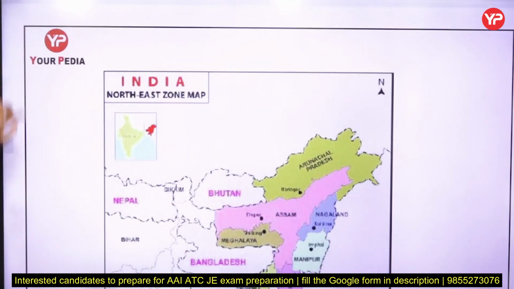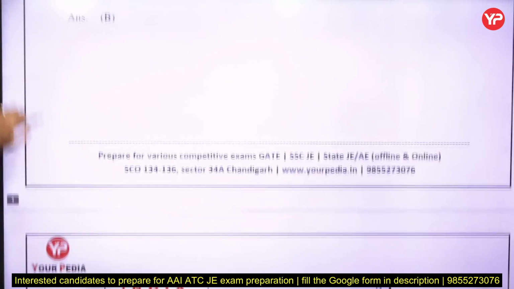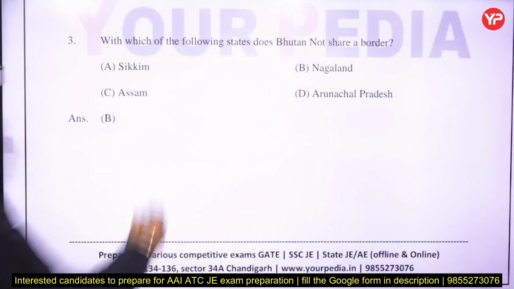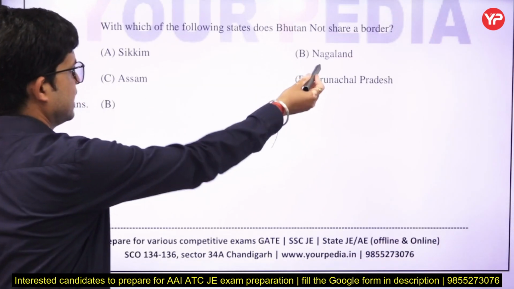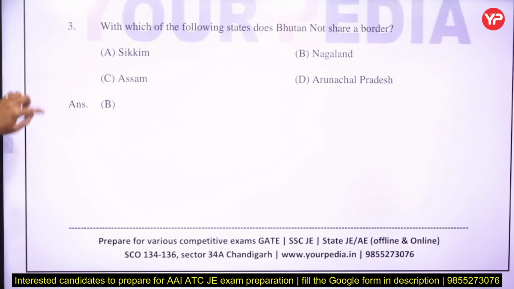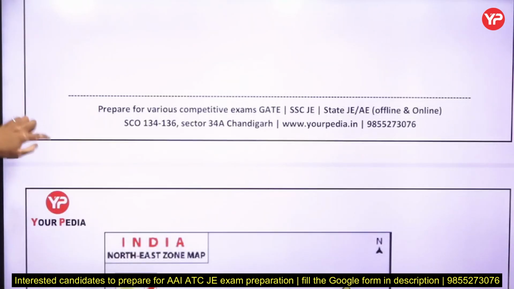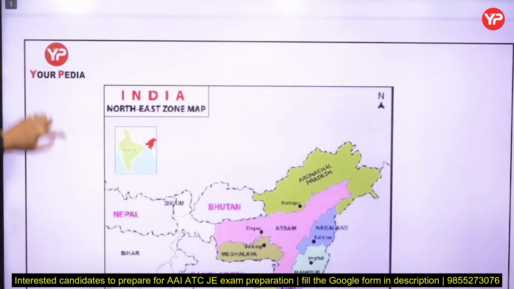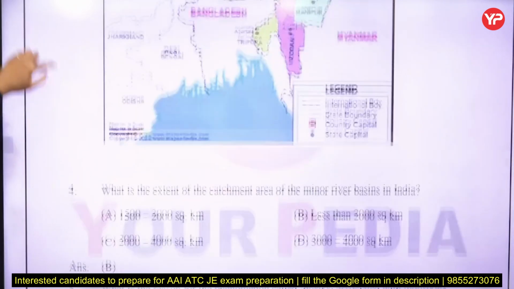So the answer of this question is, we know that Sikkim is correct, Nagaland is wrong, Assam is correct and Arunachal Pradesh is correct. So the answer is B, Nagaland.